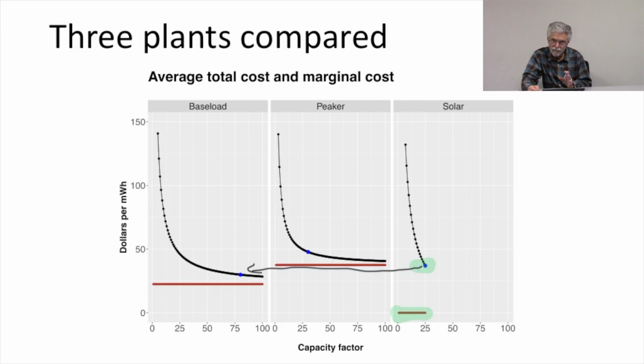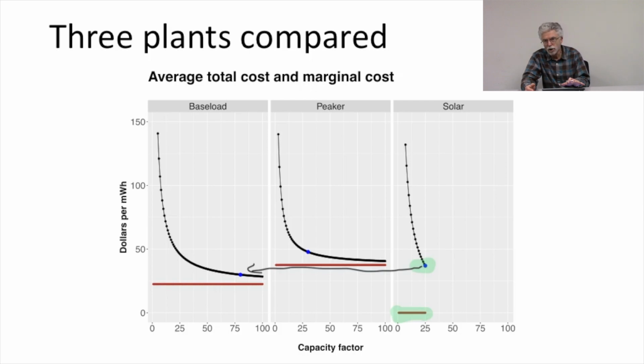It doesn't mean we never want to use peaker, because peaker will have an important place in our dispatchable generation resources. But just to review the relationships between these: solar with the lowest marginal cost, peaker with the highest marginal cost, peaker with the highest levelized cost of energy, next solar, next baseload.